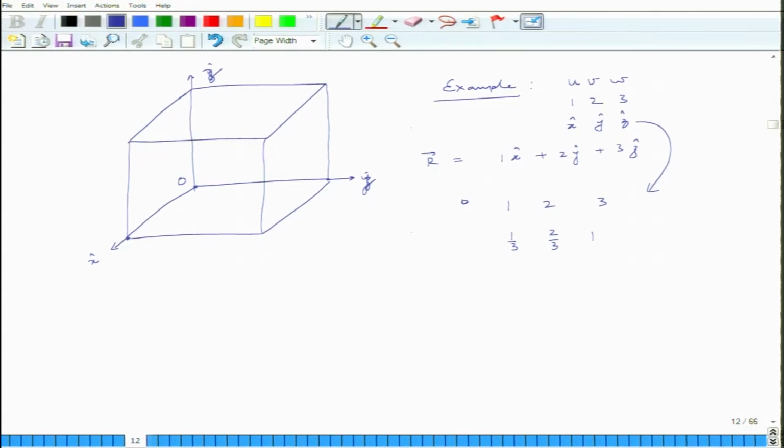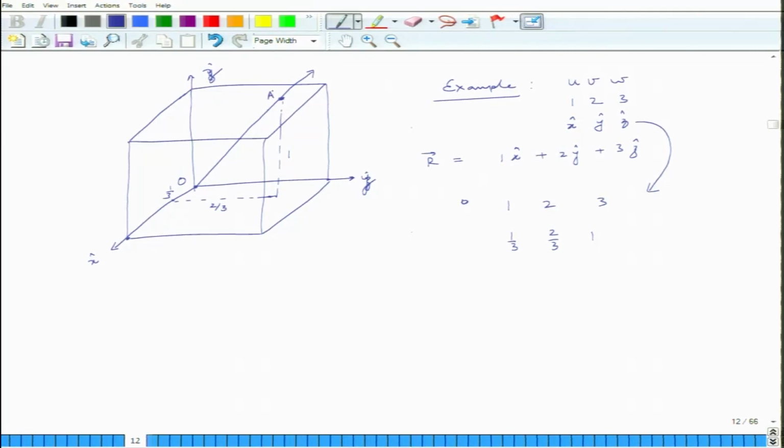So, what I now do is, if I now go 1 by 3rd in x direction, 2 by 3 in, let us say, y direction, and somewhere along here, hang on, somewhere here. So, this will be coinciding with this point somewhere here. Okay. So, this is 1/3, 2/3 and 1, and now you connect the end point.